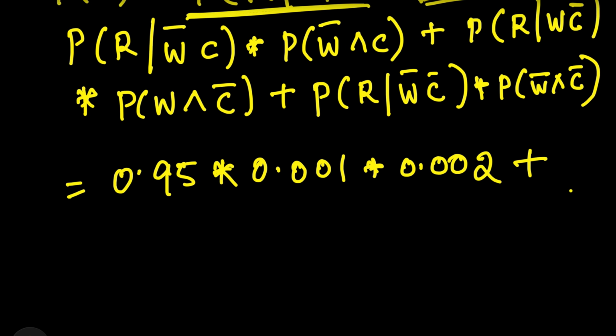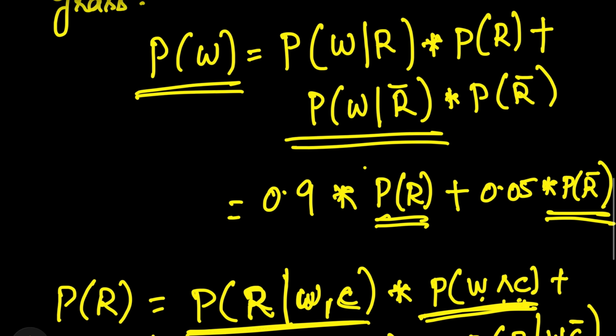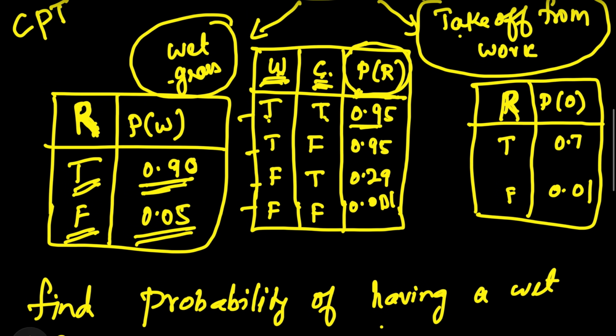And next we will go with the probability of rain, wind false, cloud true. So here wind false, cloudy equals true. It is 0.29.